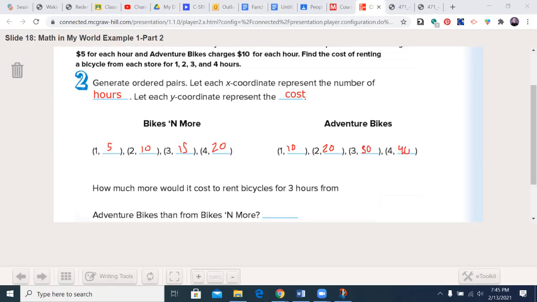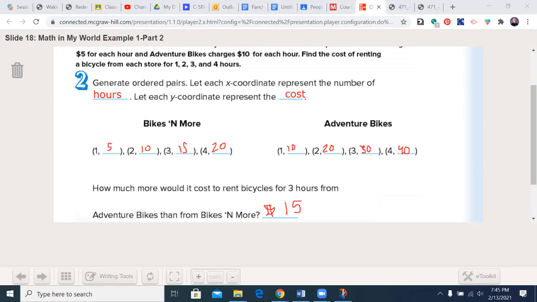How much more would it cost to rent bicycles for 3 hours from Adventure Bikes and Bikes and More? Adventure Bikes, it was 30. Bikes and More is 15. So the answer is $15 more. Go ahead and make sure that's filled in.